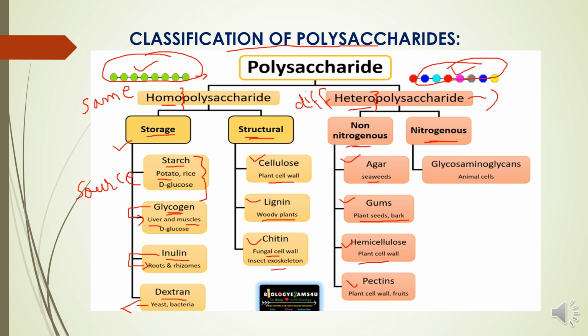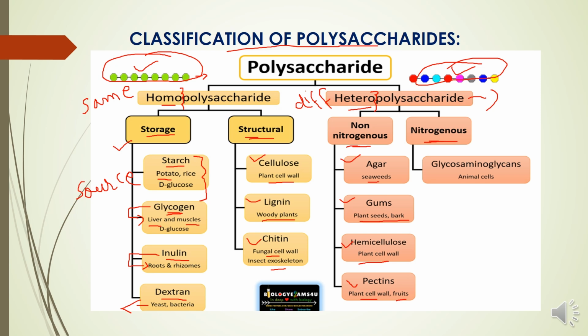These are all non-nitrogenous sugar molecules. The last topic is nitrogenous heteropolysaccharides. There is only one example, glycosaminoglycan, which is present in animal cells.